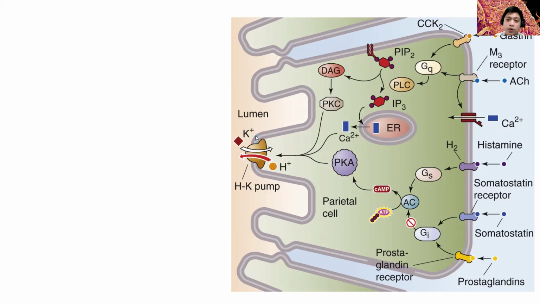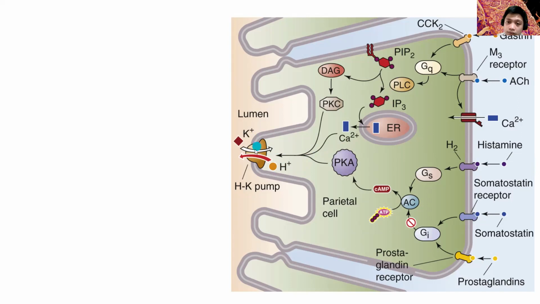But when you have an increase in calcium inside the parietal cell, that calcium will bind to the vesicles that contain your proton pump and cause these vesicles to go into the surface. Pag nasa surface na siya, in the apical surface, it will insert the proton pump into the surface and therefore cause the proton pump to be active.